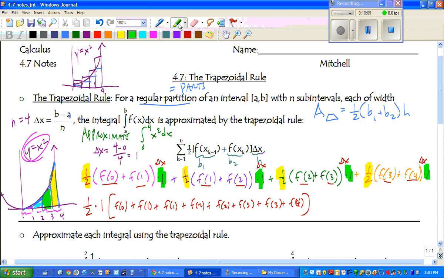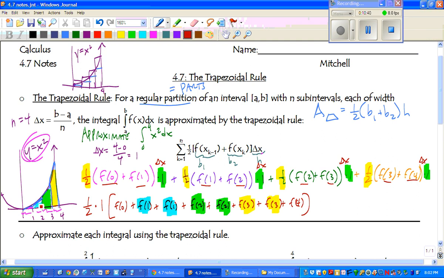Well, you should notice something there. We have 2 f of 1s, 2 f of 2s, and 2 f of 3s. But our first one and our last one, there's only one of each of those. If you think about it, as we're finding the areas of all of these shapes, let's say the blue one and the green one, they share a side right here.